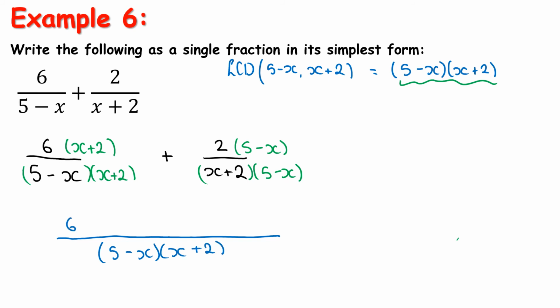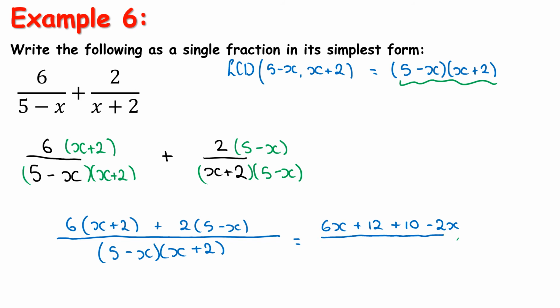We're combining, so we have 6 times x plus 2 plus 2 times 5 minus x. And now we simplify the numerator. So we get 6x plus 12 plus 10 minus 2x. If you prefer, you can do the multiplication for the bottom line.